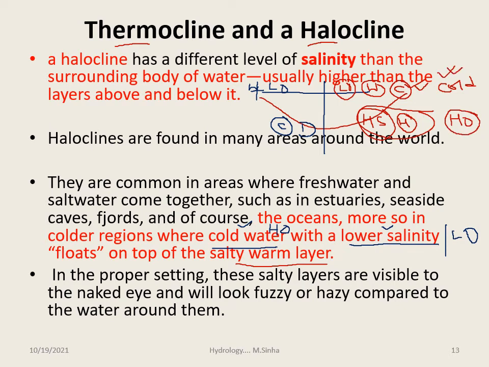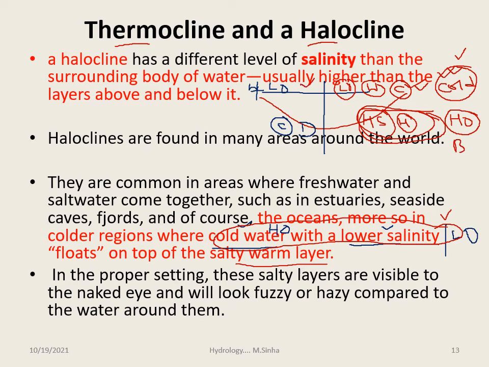Cold water, with lowered salinity, is found in the topmost layer, and the warm layer, with high salinity and high temperature, is observed in the bottommost part. So this is the reversal of the normal condition.